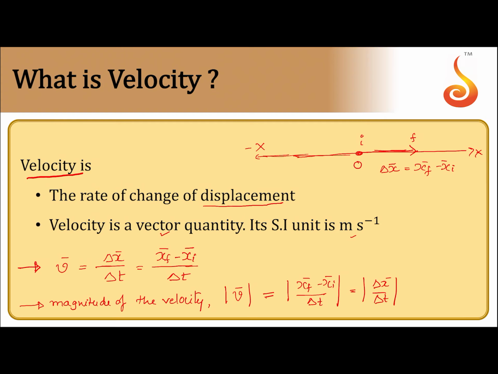Thus, velocity, a vector quantity, is the rate of change of displacement or rate of displacement, and it is given mathematically by this equation. If I want the magnitude of the velocity, then this is the equation.